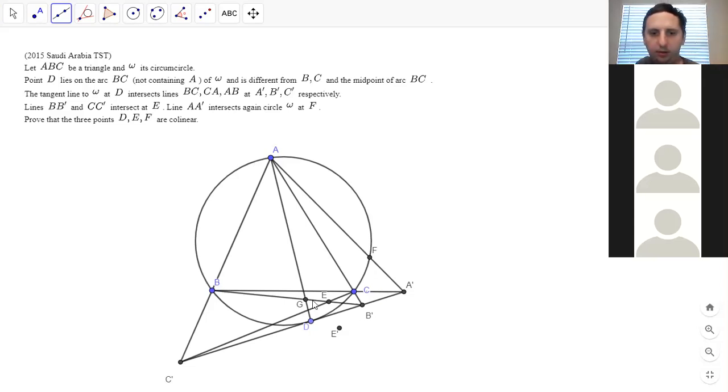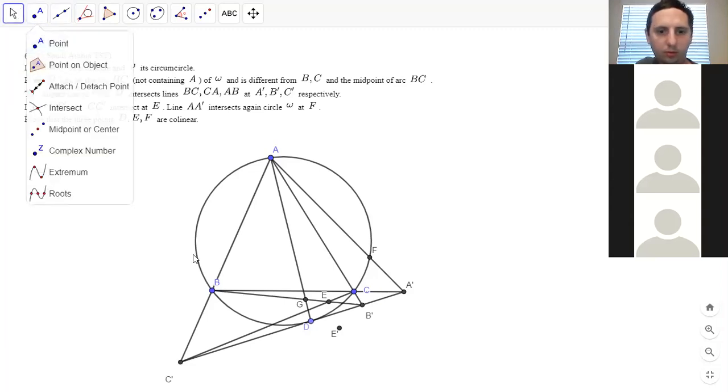So yeah, we have B, G, E, B prime. And then we try to project through D onto the circle. We would get A, B, D, F. And then if I project through D onto A, B, we draw this point.